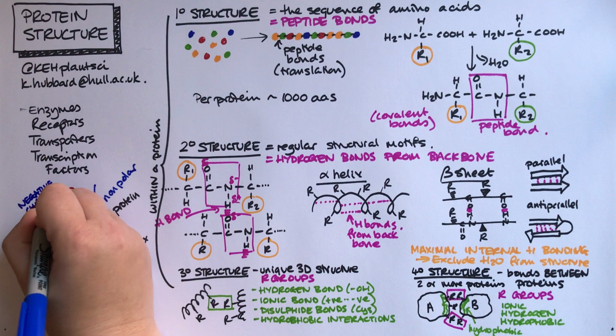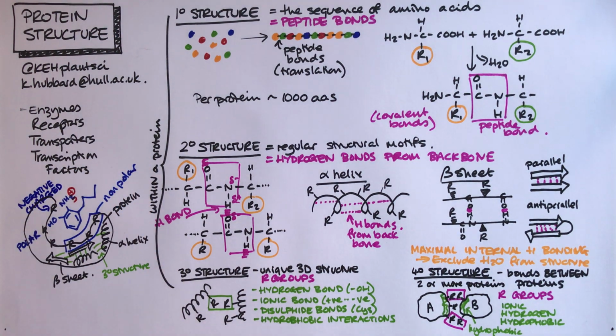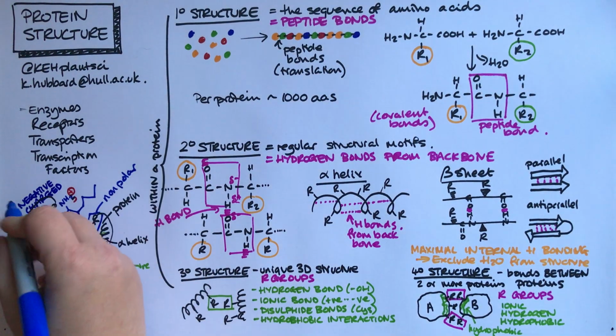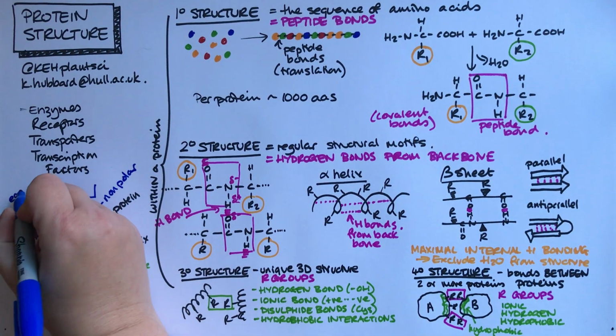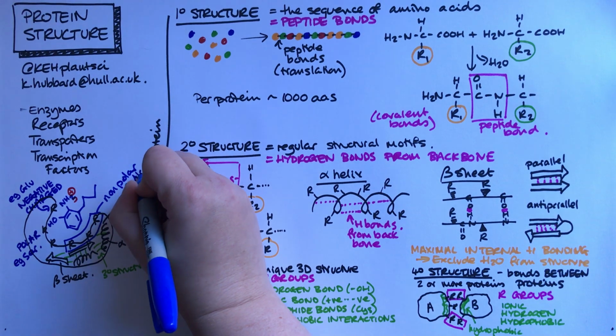So that might be something like aspartate. Okay, so polar amino acid, that might be serine, for example. That one might be something negatively charged, might be glutamate. Something non-polar might be alanine.